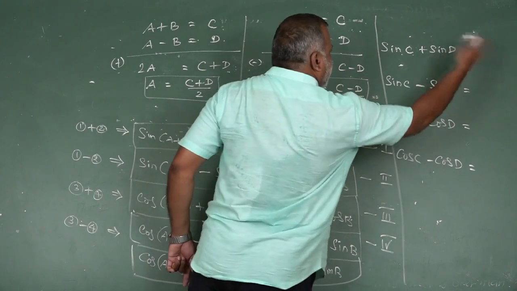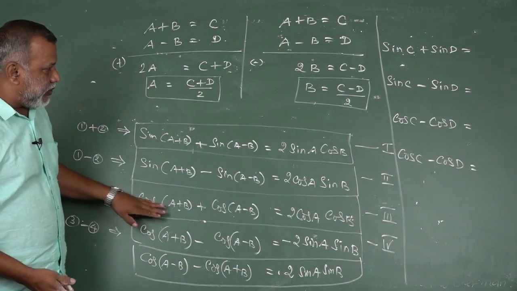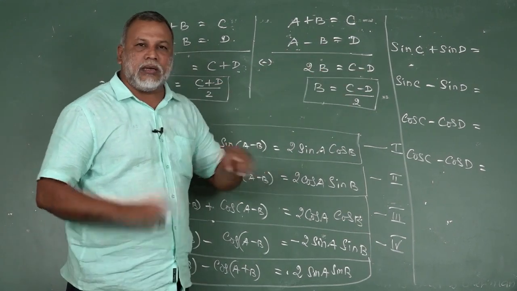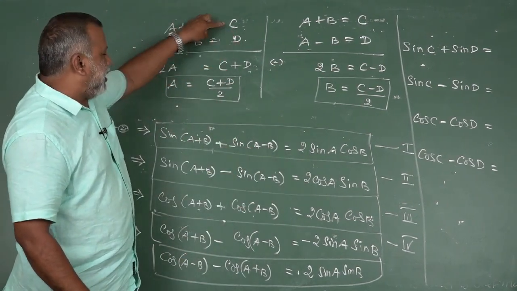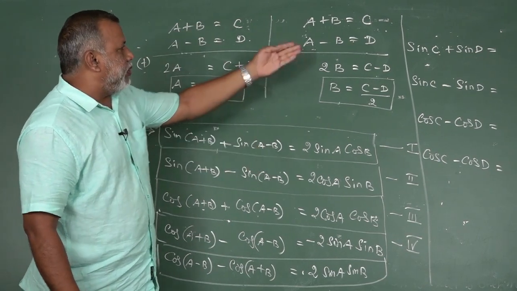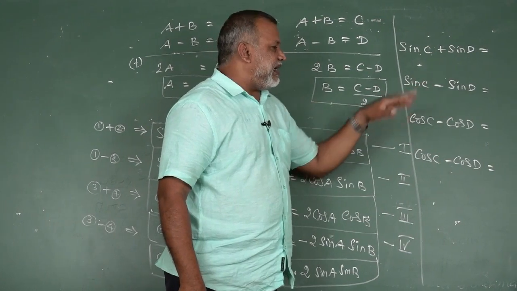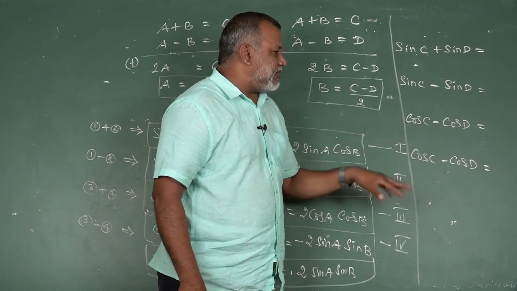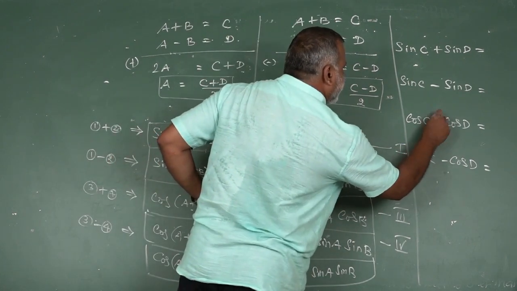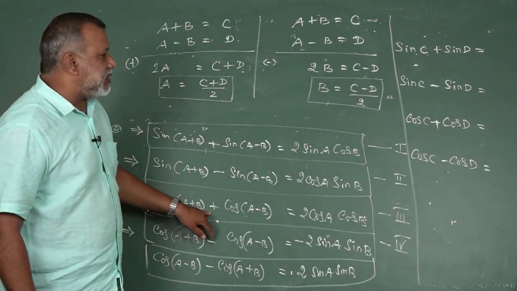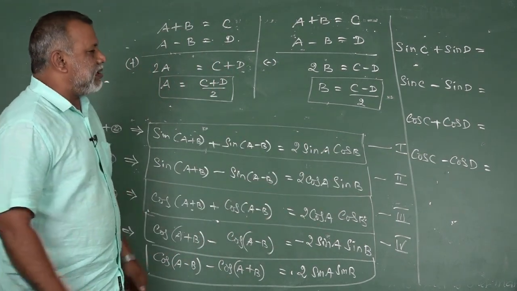Now on the LHS you are getting 4 results. In these 4 results, C and D are newly introduced with the help of these concepts, A plus B equal to C, A minus B equal to D. So we get sin C plus sin D, sin C minus sin D, cos C plus cos D, and the fourth result is cos C minus cos D.